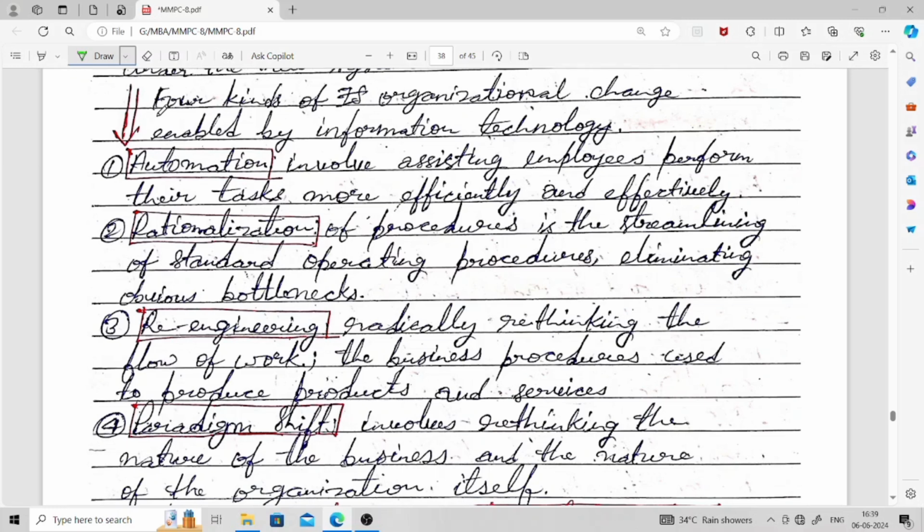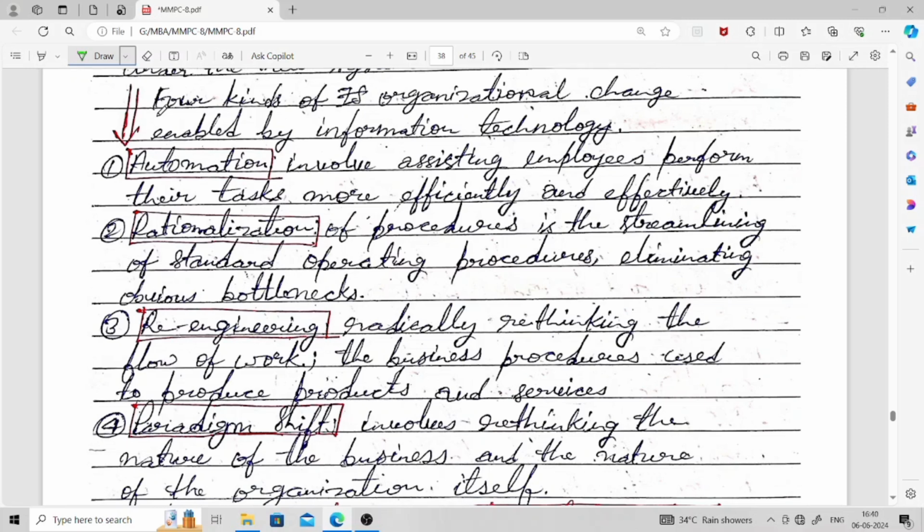Whatever bottlenecks are there are going to be removed by rationalization of procedures. And the standard operating procedures should also be streamlined, and that is enabled by information technology.